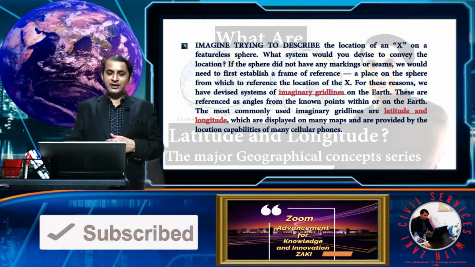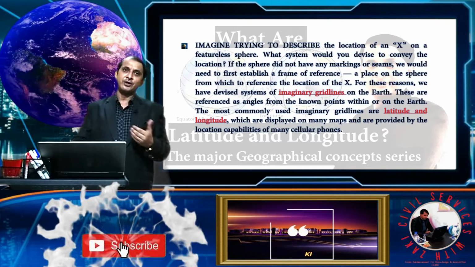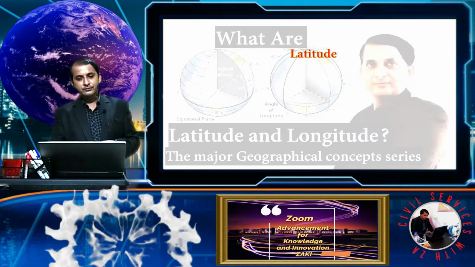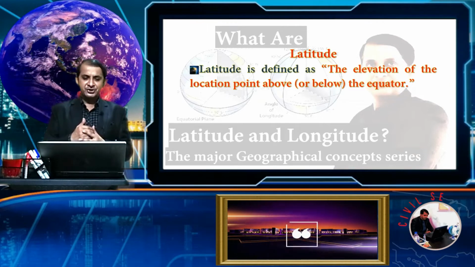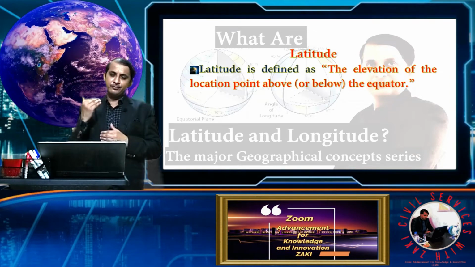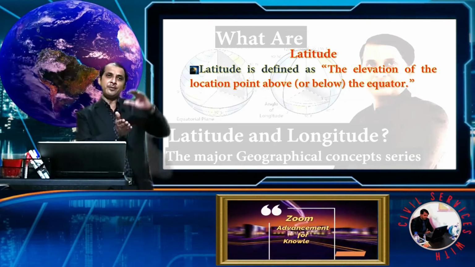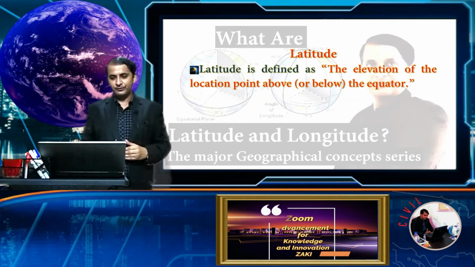We move forward and see step by step what longitude is and what latitude is. First we describe latitude. Latitude is defined as the elevation above or below the equator. If you go above or below the equator, it is called latitude.